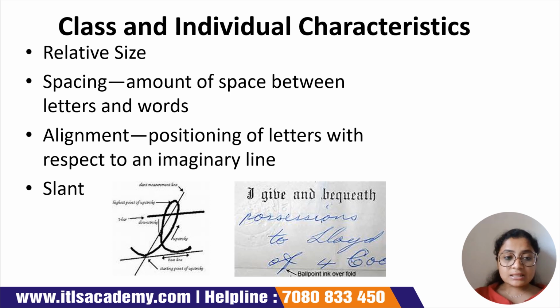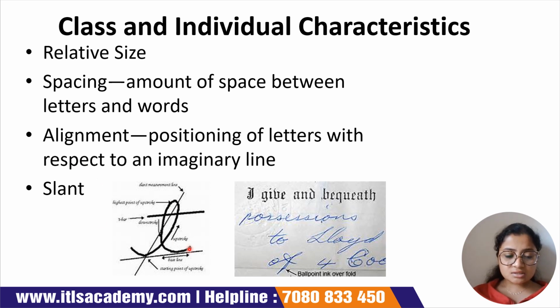Okay. Now there are some class and individual characteristics as far as handwriting analysis is concerned, like relative size, spacing, the amount of space between letters and words, alignment, the positioning of letters with respect to an imaginary line, and the slant. See, I have just given images.